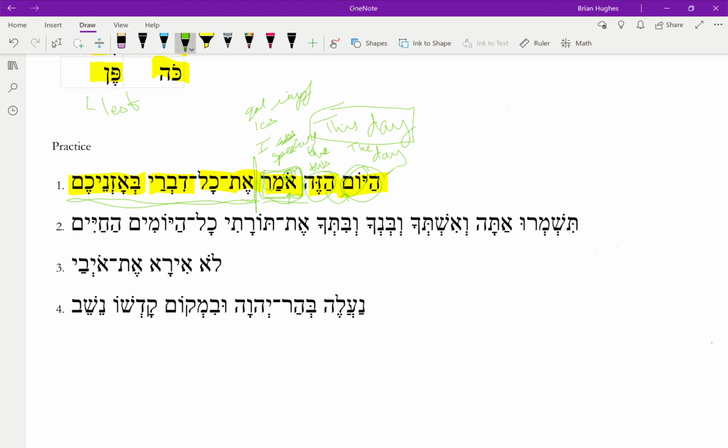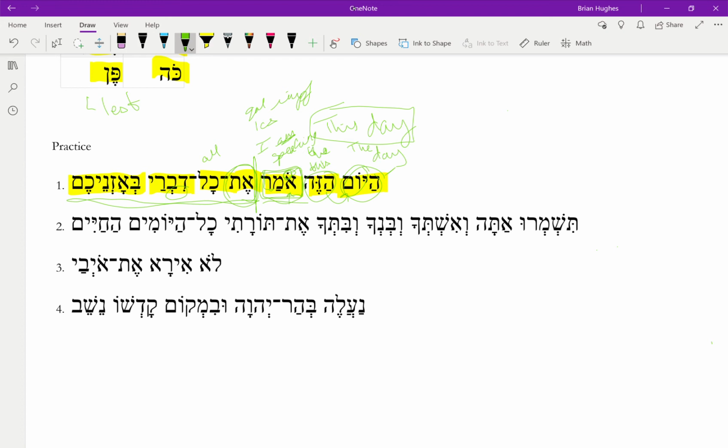And then we have our definite direct object marker. So this is what I'm speaking. Kol is all, every, or whole. Divrei, divrei. So we can recognize here the construct state of davar, and particularly in the plural sense.